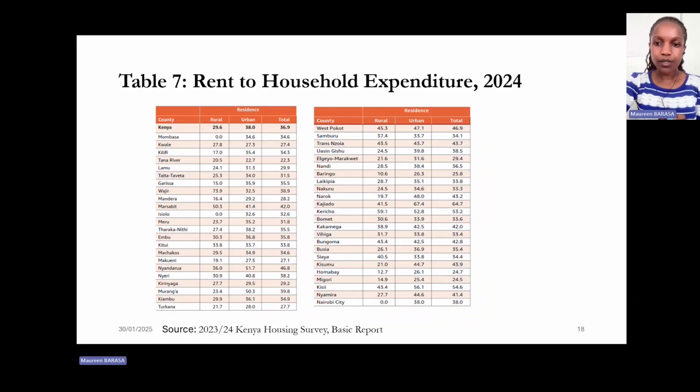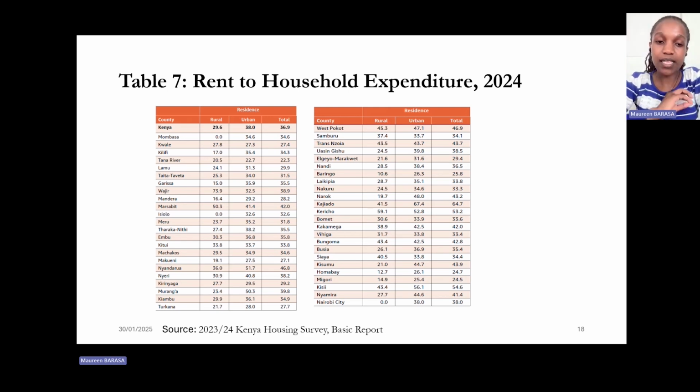And urban households tend to allocate a higher share of 38% of their household expenditure towards rent because of the cost of living in most urban areas, as well as the quality of housing in urban areas that necessitates allocation of more of their household expenditure towards rent.